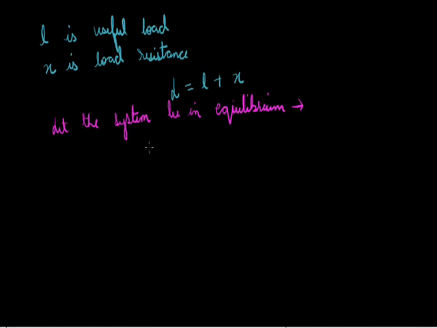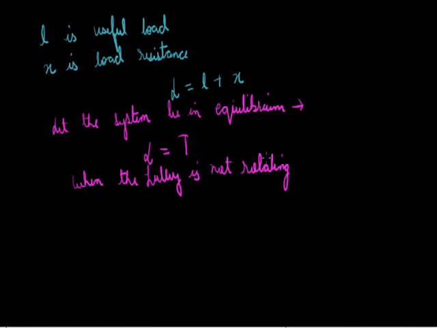So, load L will be equal to the tension T in the string. Now, let us consider that the pulley is not rotating. So, when the pulley is not rotating, the effort will also be equal to the tension T because it is not moving. So, no human effort, then effort will be equal to tension T.